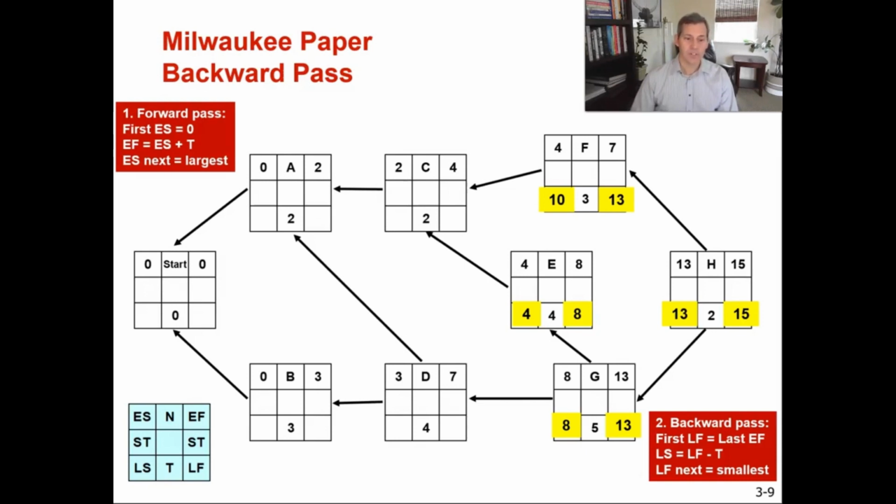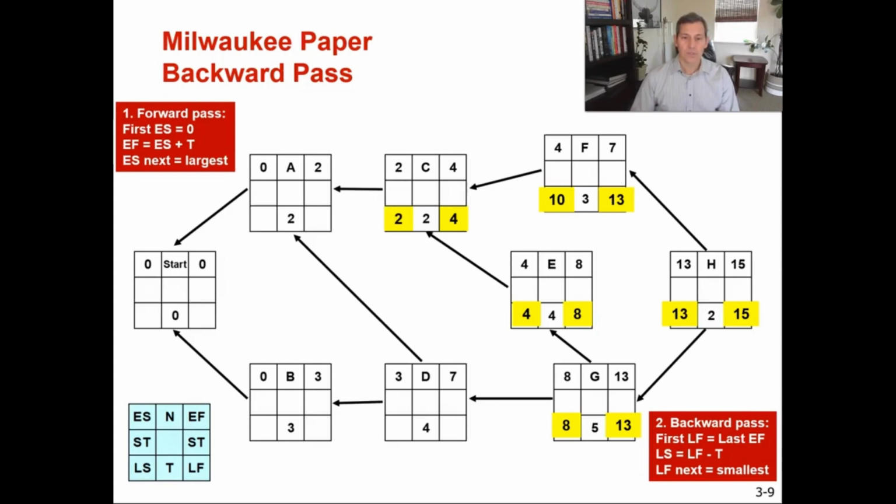So when we have the option between the largest and the smallest, for our backward pass, you're going to pick the smallest of the 2 LS's. So for C, you will pick the number 4. So for C, you've got your latest finish of 4, your activity duration of 2 weeks. So 4 minus 2 equals 2.